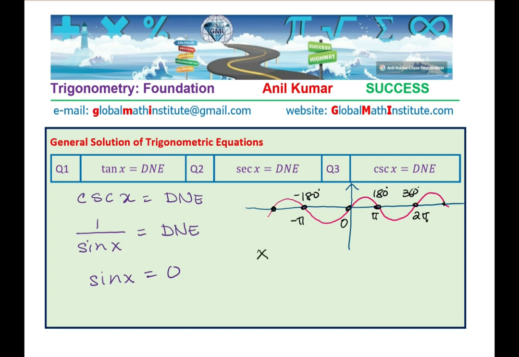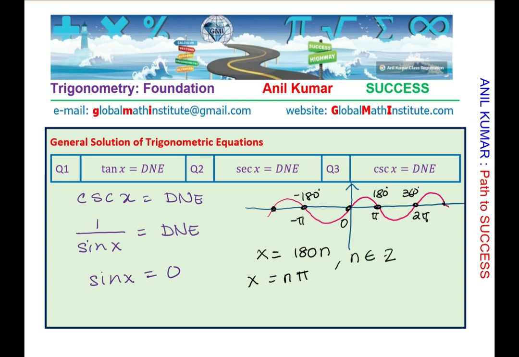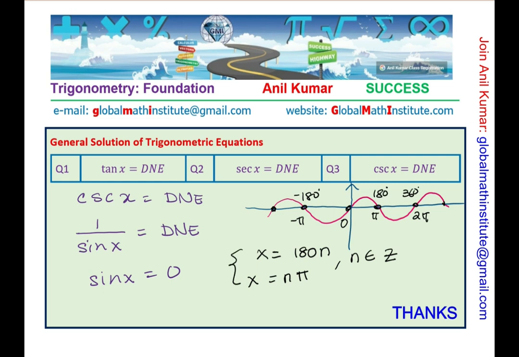So we can write x equals 180 times n, or pi n, or you can write n pi, where n belongs to the set of integers. Make sense? So that is where cosecant x does not exist. So we have our solution, either one of them depending on which units you want to use. I hope it makes sense.